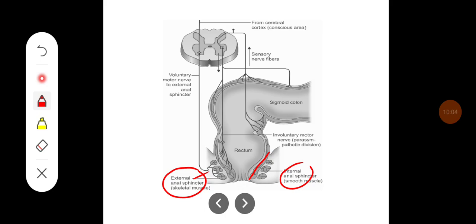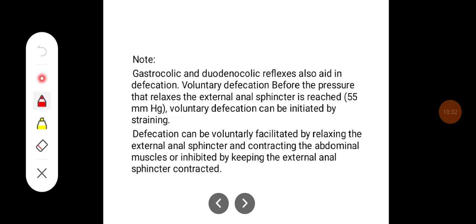The food in the sigmoid colon or the rectum is going to increase the parasympathetic activity, so that causes the peristalsis of the sigmoid colon and the reflex inhibition of the internal as well as the external anal sphincters. That is going to lead to the defecation reflex. Note that gastrocolic and duodenocolic reflexes also aid in defecation.